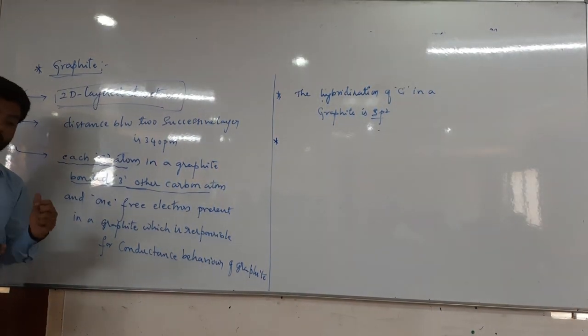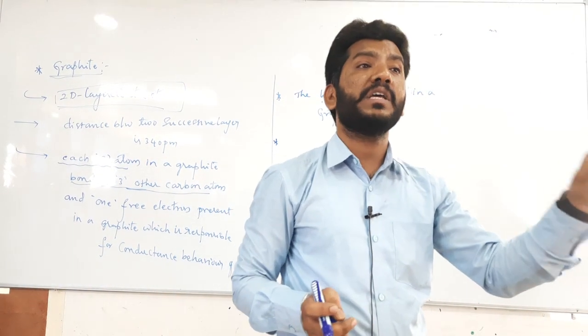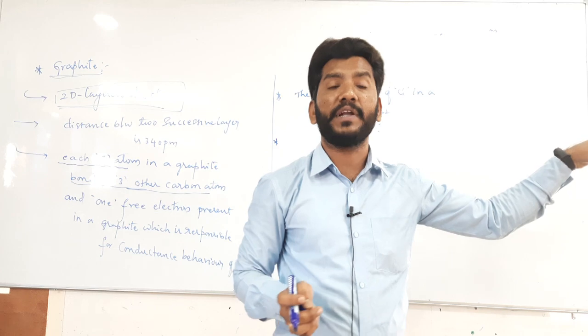If you see, the thermodynamically most stable form of carbon is graphite itself.